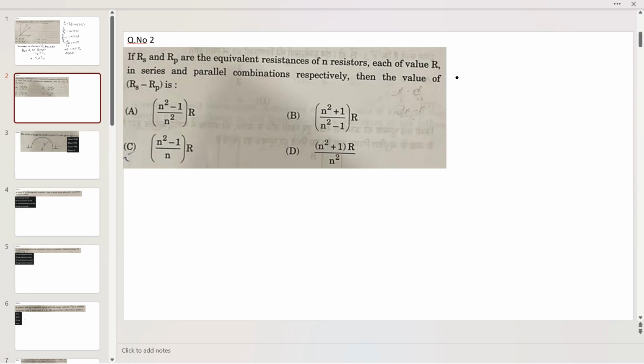Here we know that RS, so there are N resistors, so this will be NR, and your RP will be equal to R by N. So RS minus RP will be NR minus R by N. If you take R common, it will be R times (N square minus 1) by N. So C is your answer.